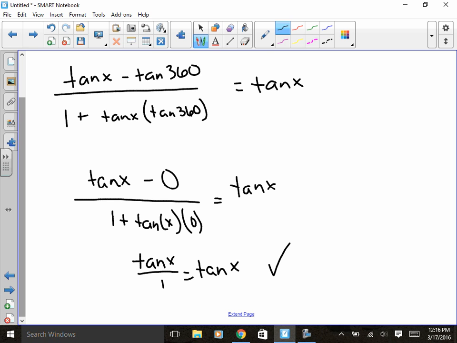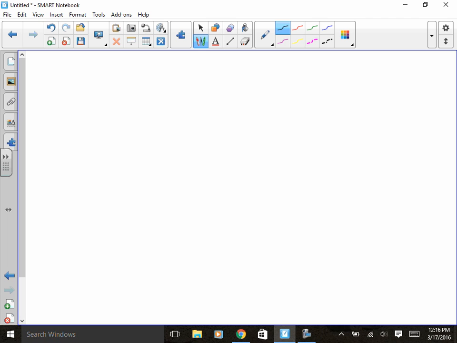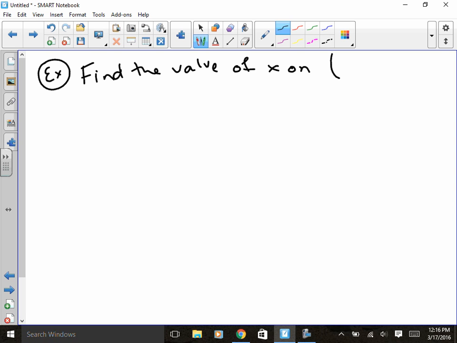There will be times when you do need to solve a trig equation. This is probably where I got that title from. You will have a couple different sines, and you're trying to figure out the value of x. Okay, so find the value of x on 0 to 2 pi.